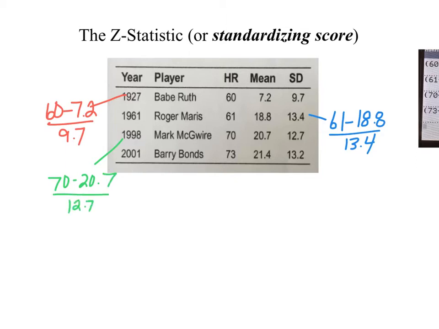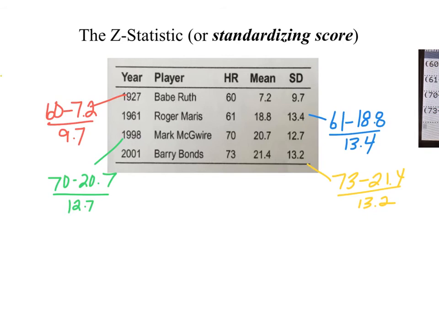And Barry Bonds, 73 minus 21.4 divided by 13.2. So in each one of these Z-statistics, what we're getting is how many deviations above the average player for their time period were they? So it's comparing them really just for their era, who was the best home run hitter.